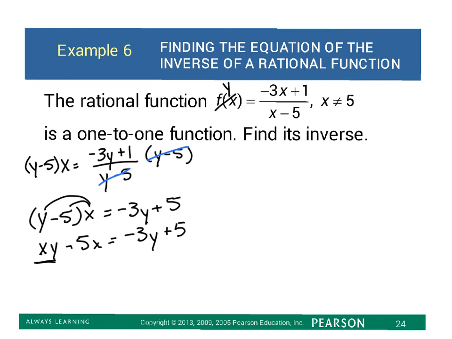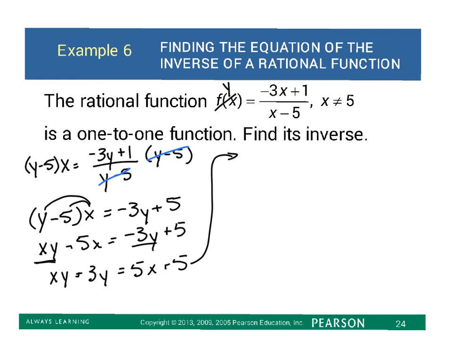So gathering on one side of the equation, I'm going to keep xy on this side and add a 3y, this right here, to this side. Now I'm going to add the 5x to both sides of the equation, so I get 5x plus 5.